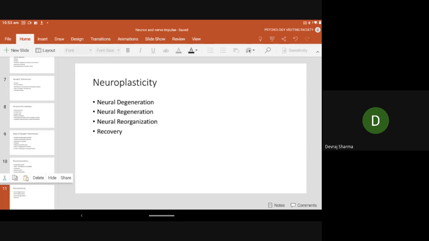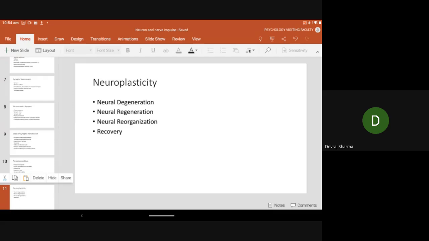Some CNS neurons are capable of regeneration if transplanted to the PNS, because in the PNS the damaged neurons regrow. While some PNS neurons transplanted to the CNS are not capable of regeneration, so this clearly indicates that it is the environment of the PNS that promotes regeneration.